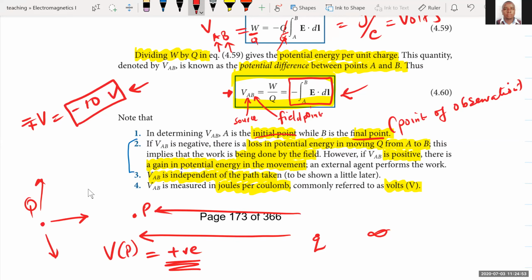But if you put it, and this is considering that the two charges have the same charge.